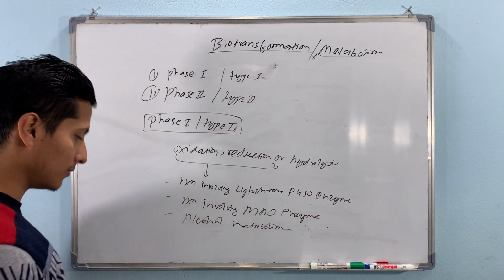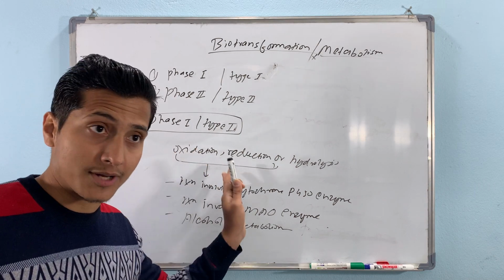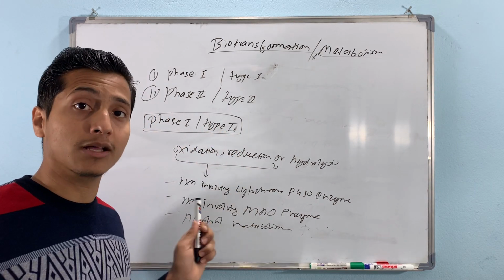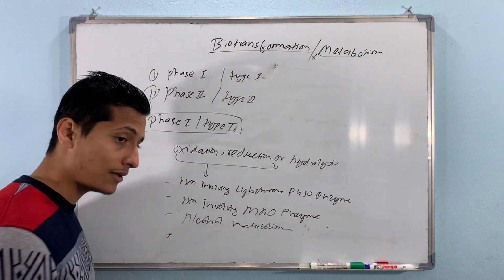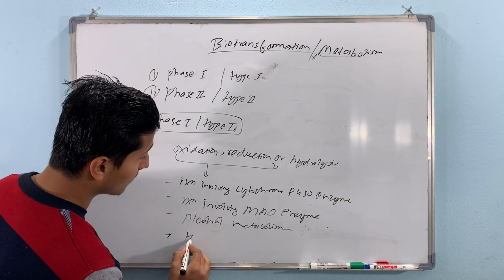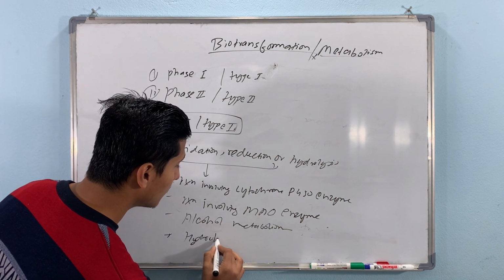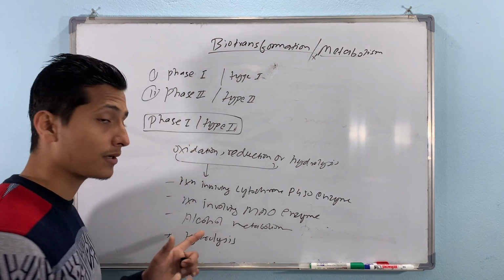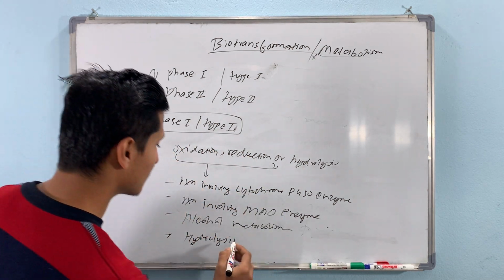Right? Now, these are the things that come under oxidation reduction reactions which fall under type 1 or phase 1 reaction. Now, what is next? Hydrolysis reaction. There's also hydrolysis reaction, we'll talk in detail when we come to the topic. For now, just remember that there is hydrolysis reaction which falls under the type 1 or phase 1 reaction.